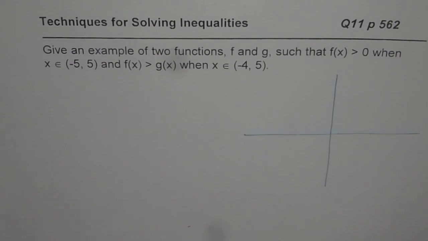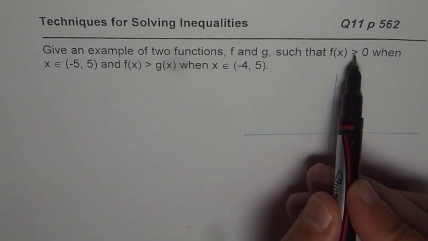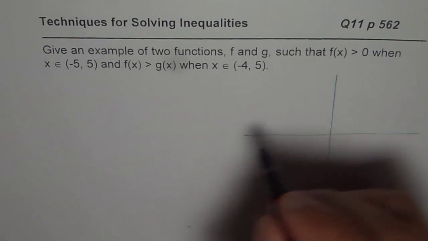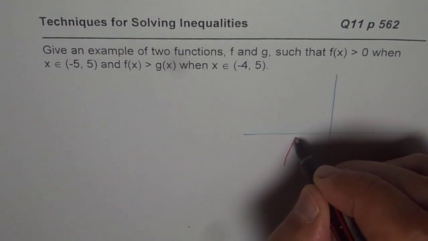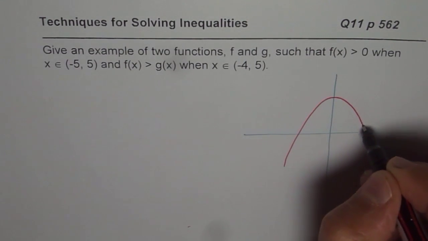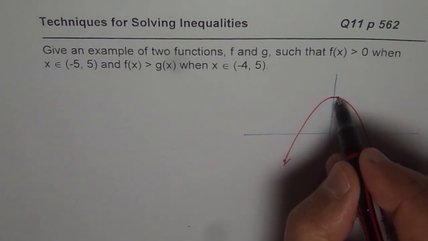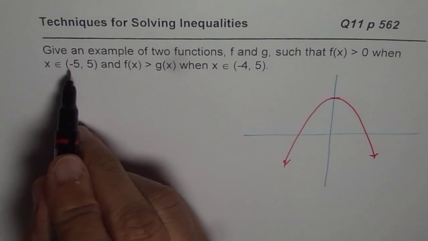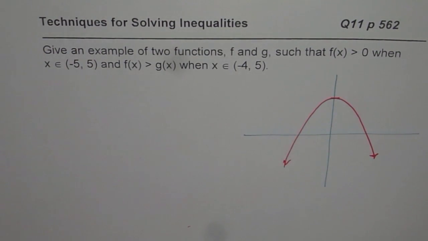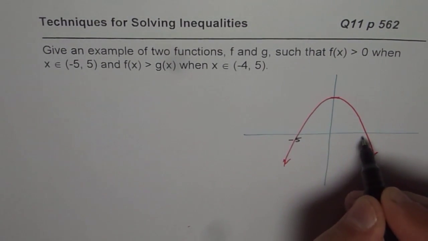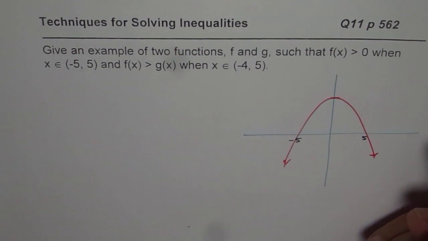Now, first part is that we need a function which is positive between minus 5 to plus 5. So for that, parabola I think is the best way to write this solution. So that is my first function. I could say it is positive between minus 5 to plus 5. That means this value is minus 5 and that value is plus 5, right?